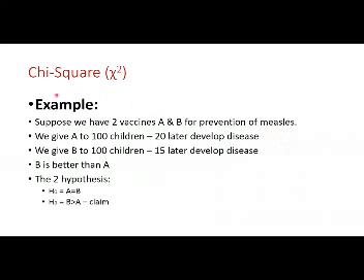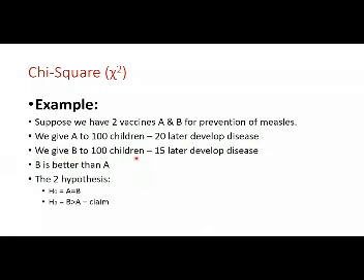Now the explanation of the chi-square test with the help of an example. Suppose we have 2 vaccines, A and B, for prevention of measles. We give vaccine A to 100 children and vaccine B to another 100 children, and in vaccine A, 20 later develop the disease, that is measles, when they are exposed.